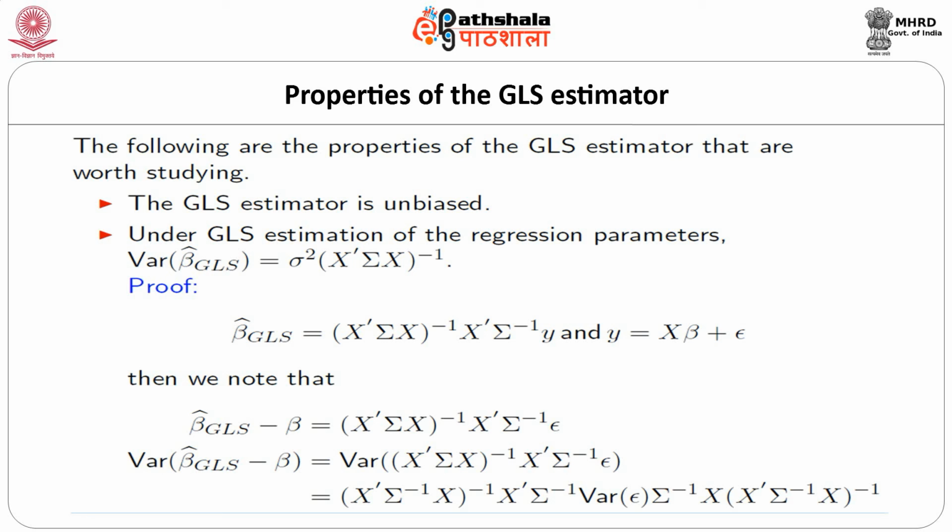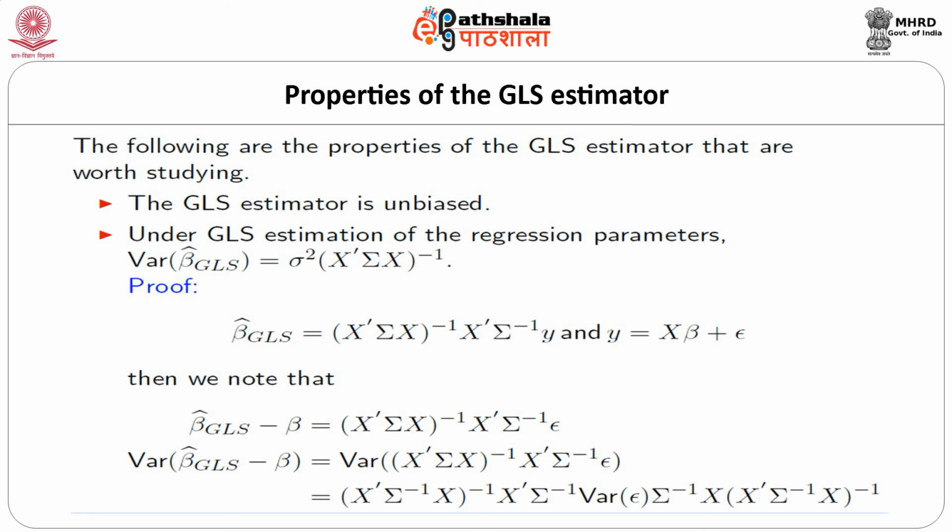The second property is that under GLS estimation of the regression parameters, the variance of beta hat GLS equals sigma square times x prime capital sigma inverse x whole inverse. Under OLS, the variance of beta hat was given by sigma square times x prime x whole inverse. But in this case, we have the variance covariance matrix sigma inverse inserted in between x prime and x.